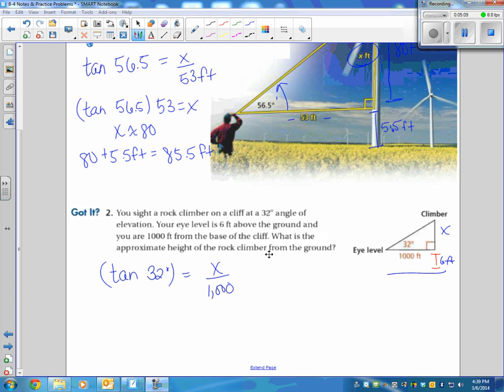Okay, and that's going to give me about 625 feet roughly, if I round to the nearest whole number. Okay, but don't forget I have to add that 625 back to the 6 feet to get their height from the ground. So if I do that, the rock climber at least is going to be 631 feet above the ground.